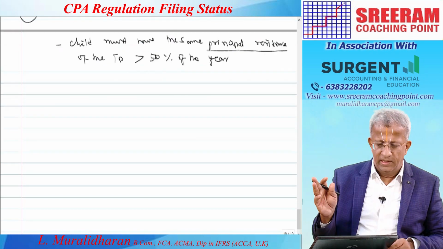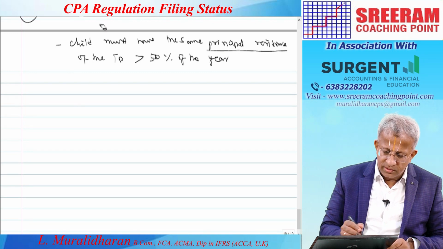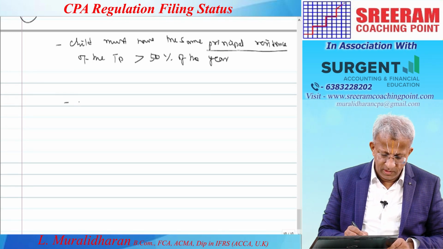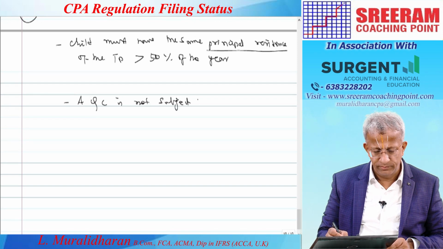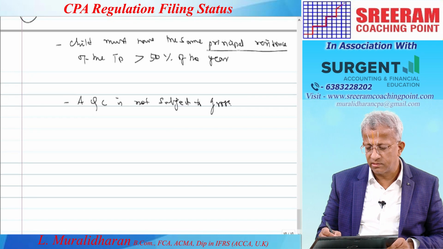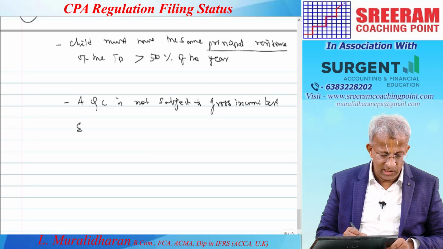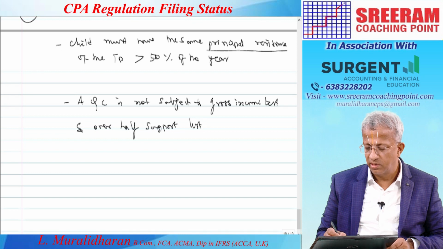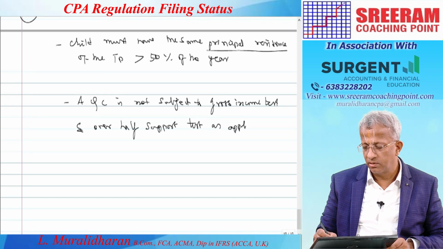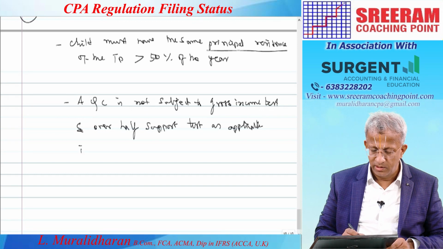Then, see, as far as qualifying child is concerned, a qualifying child is not subject to the gross income test and over half support test as applicable in the case of qualified relatives.